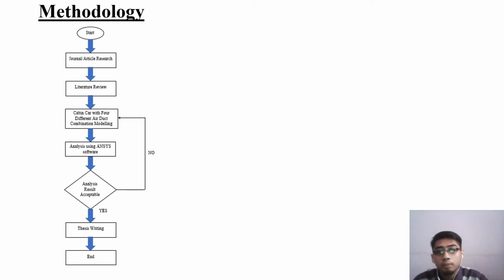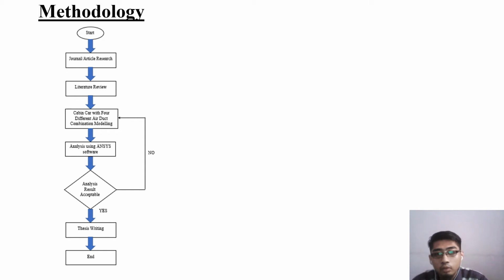Okay, for the methodology, from the flowchart, we begin with start, then journal or article research, literature review, and modeling the cabin car with 4 different air duct combinations. Next, analysis using ANSYS software. Then, is the analyzed result acceptable?